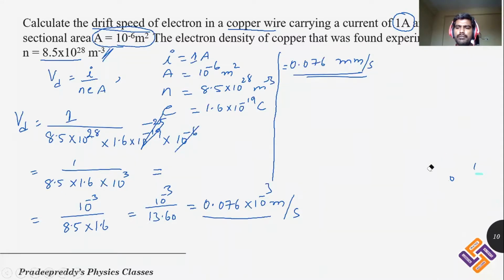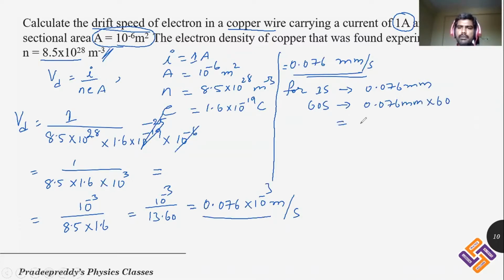So that means for 1 second, it can travel only 0.076 millimeter. Suppose it is 60 seconds, it will be multiplied by 60. 1 second this much, 0.076 millimeter into 60.